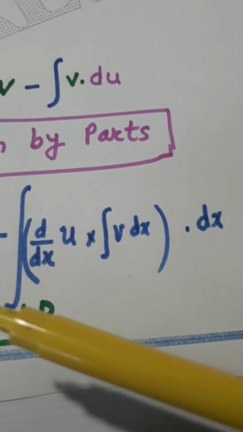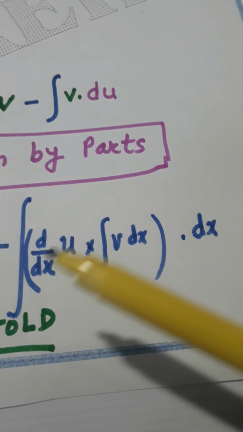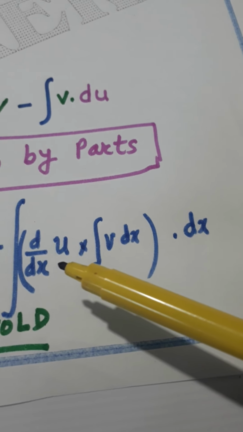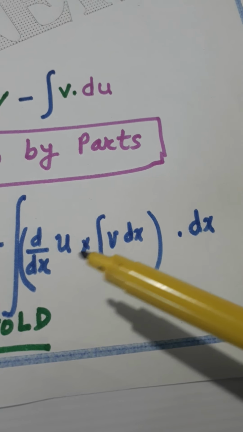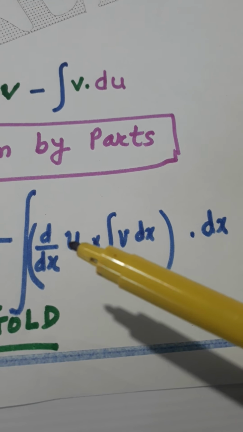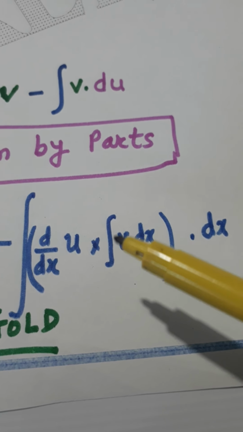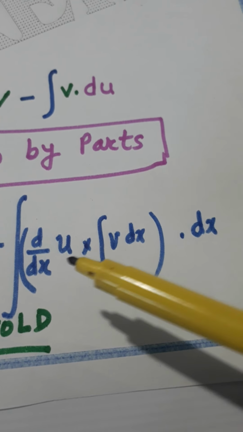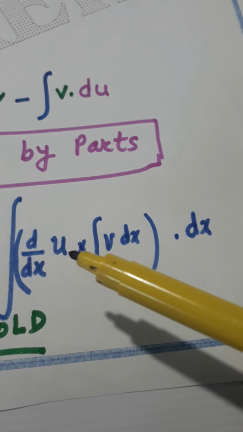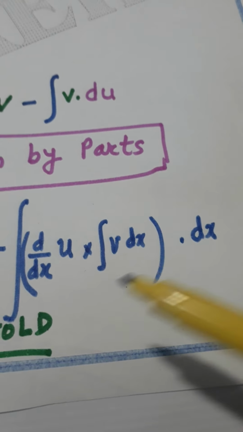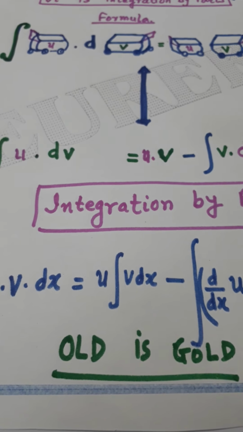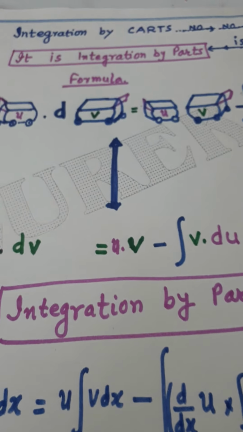Similarly, if you write the integration symbol, you have to close it with dx. Why is this formula like this? You see, differentiation decreases the power, integration increases the power. The effect is over, they cancel the effect of each other. So this is the old formula, and whichever you feel convenient, you can go for that.